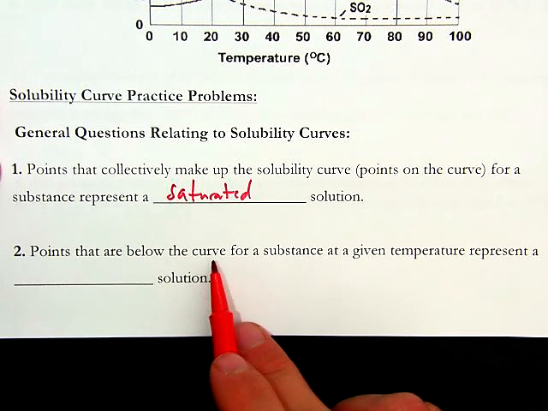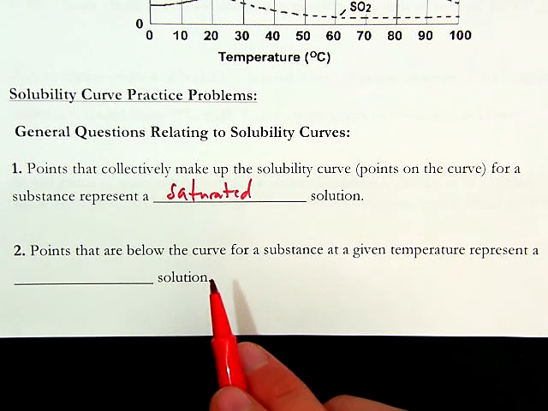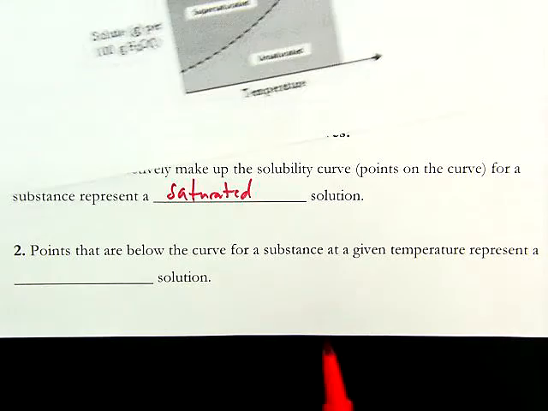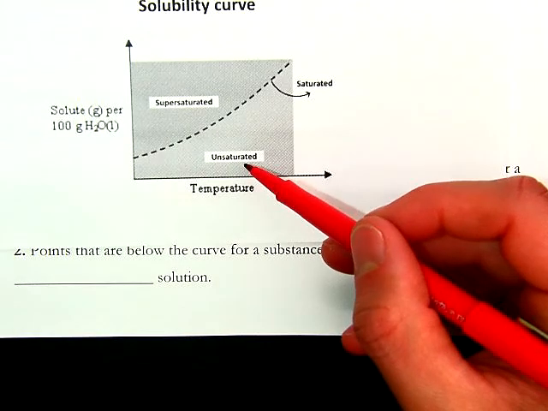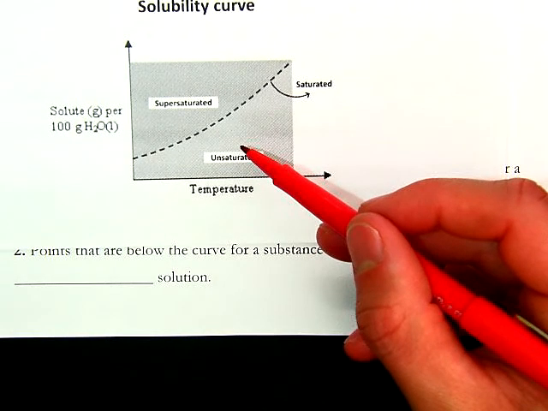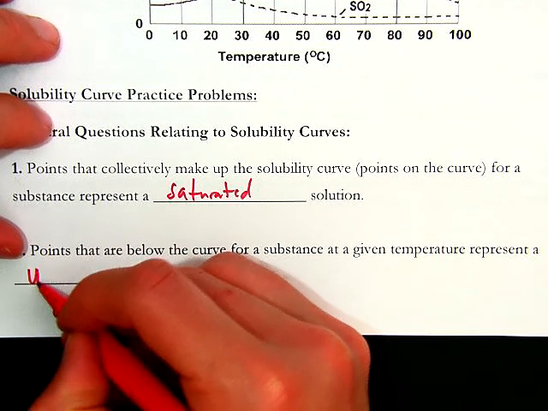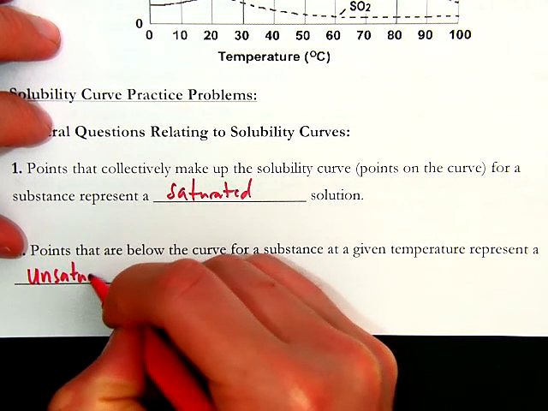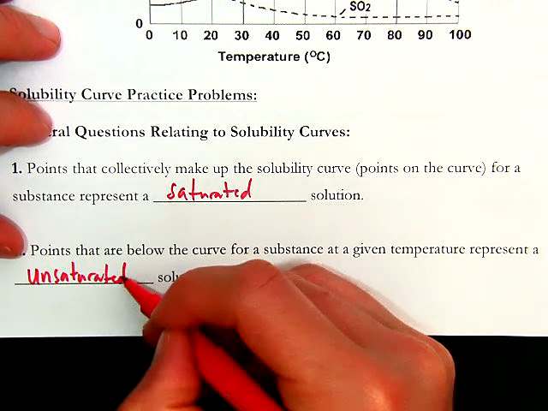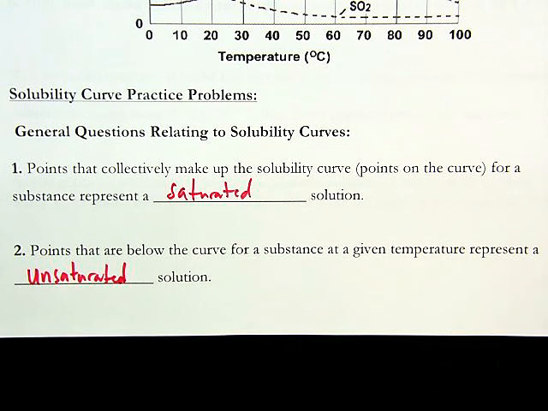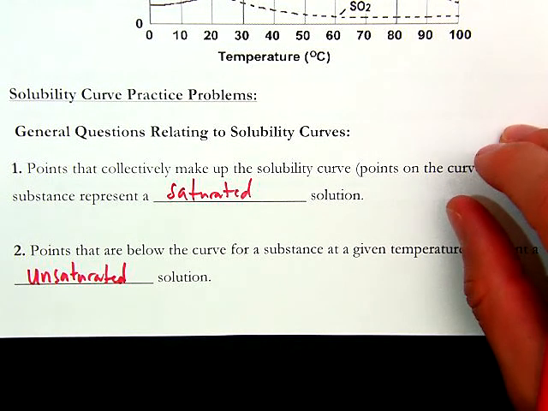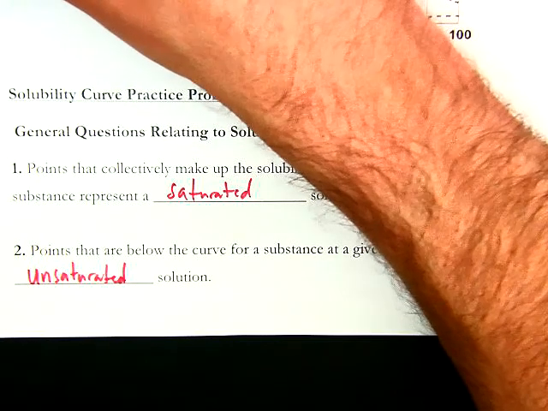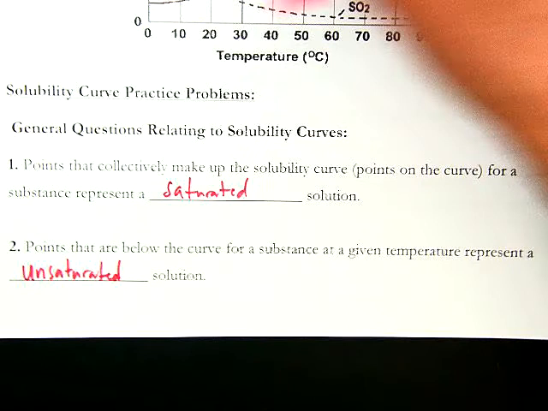The points that are below the curve for a substance, right? So again, going back to this, if we are below the line, that means we could still dissolve more. That's what's called unsaturated. In an unsaturated solution, you could add more solute and it would dissolve, and you could add more and it would dissolve. It's unsaturated all the way until you reach the saturation point. All right?